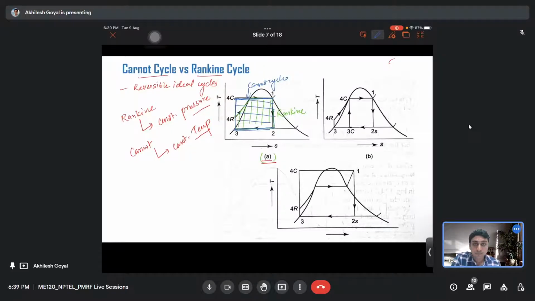If we analyze this through this diagram, we can see that for similar heat rejection Q2, the heat input Q1 in the Carnot cycle is more than the heat input in the Rankine cycle.